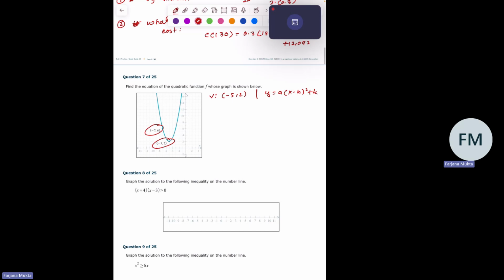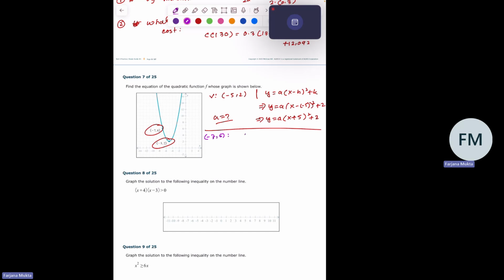So our vertex has x minus h as x plus 5, and k is 2. So we get a times (x plus 5) squared plus 2. Now for the equation, what else do we need to do? We still need to find what our a is, right? For that, we will use the other point that we are given. So we'll satisfy our equation with the point (-7, 6).